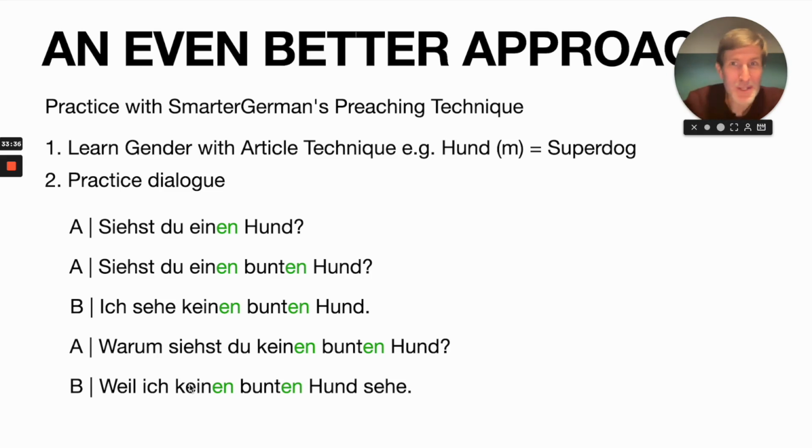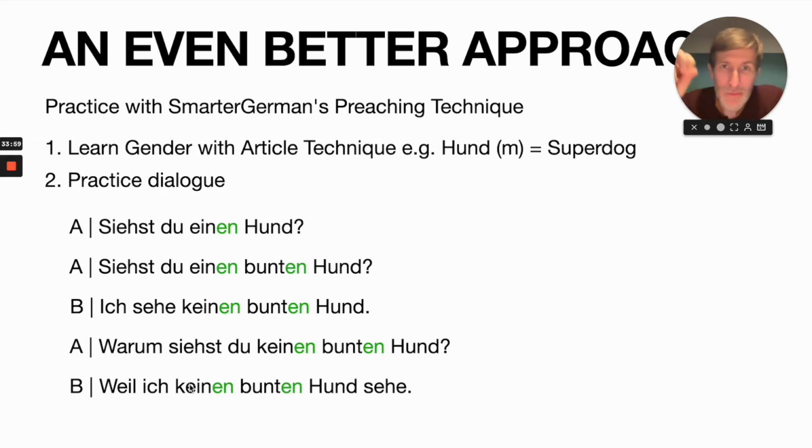All this is already in such a little dialogue. And of course, we don't start like this, we start step by step, but you get there, and you can practice grammar like this neatly, and it allows you to speak proper German without thinking of any rules, of any tables, of any lists. It comes naturally. You say einen Hund, einen bunten Hund, without thinking.